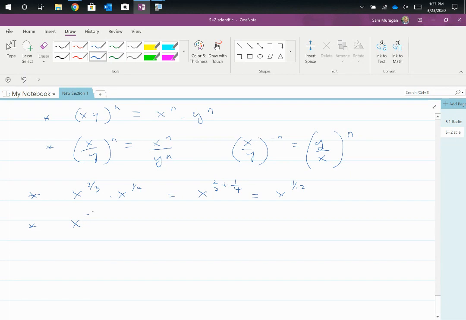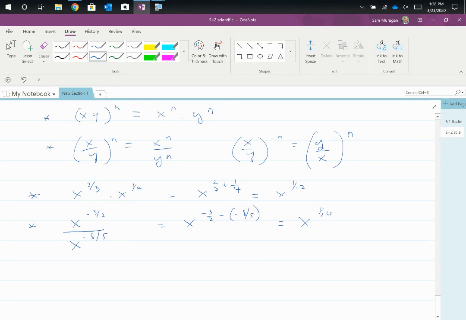Or if we're doing a subtraction, a division problem, we would subtract the powers, to give x to the power 1 over 10.